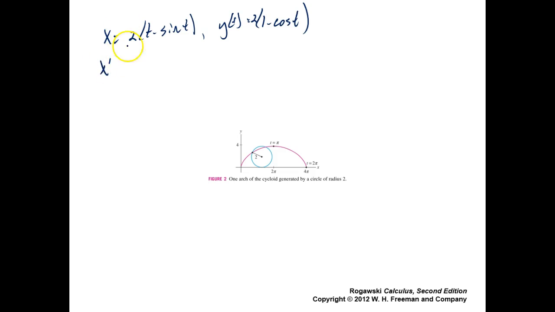X prime of t is equal to what? 2 cosine t, right? Or you could have done it 2 times 1 minus cosine t. It doesn't matter. Your y prime of t is what? 2 times sine t. Okay?